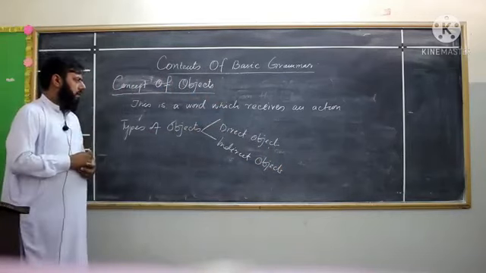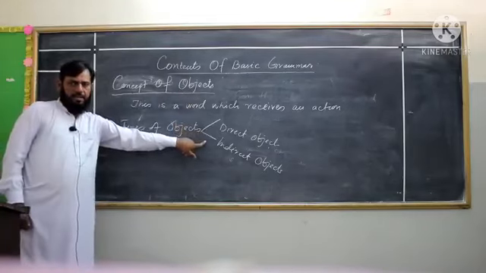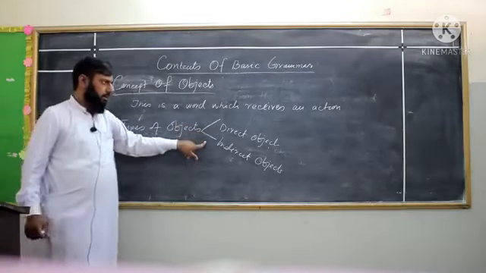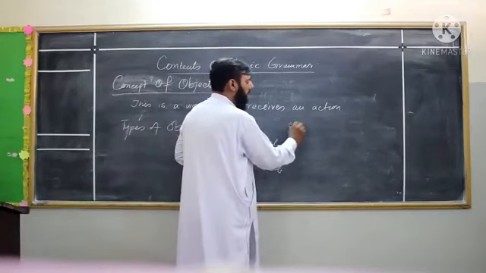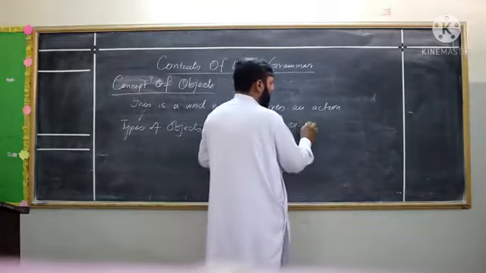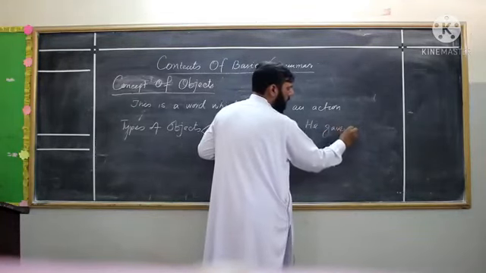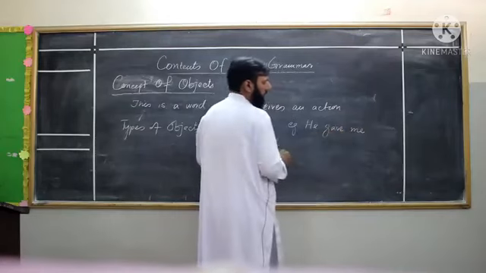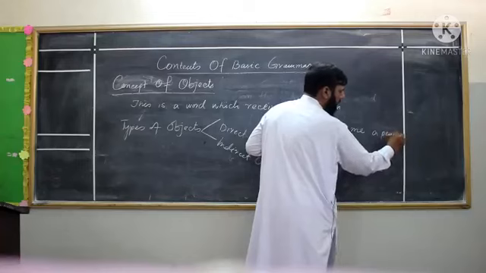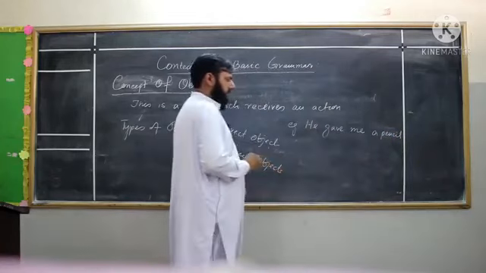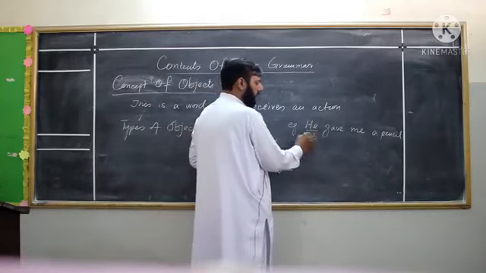You have seen that I have mentioned the two types of object, direct object and indirect object. How to understand it? Look at an example. If I say, he gave me a pencil. In this sentence, he is the subject, as you know from the start.